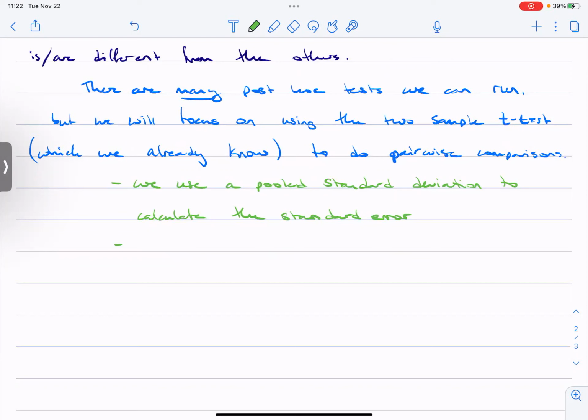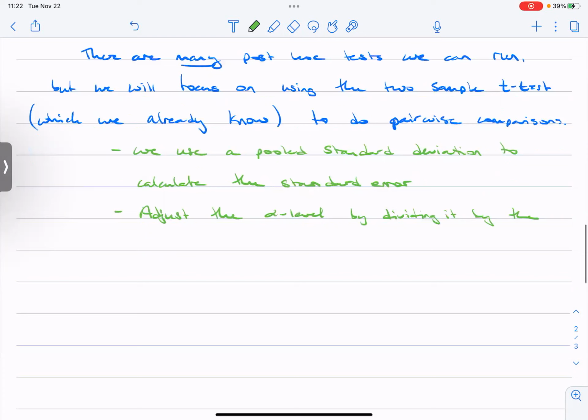And then we adjust the alpha level and divide it by however many comparisons that we're making. So you adjust the alpha level by dividing it by the number of pairwise comparisons you want to make.